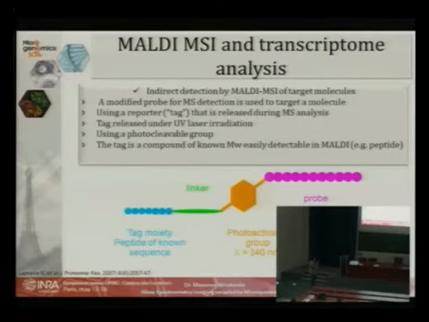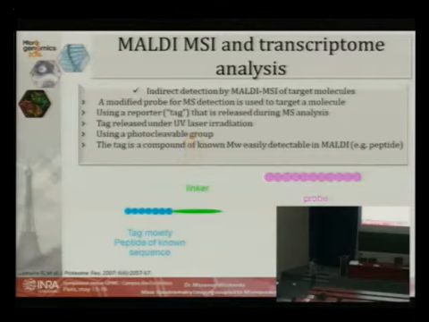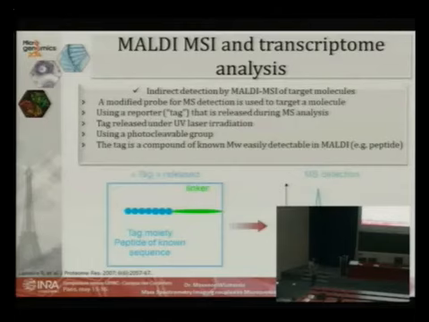After UV irradiation, the tag is released, and you can observe it on mass spectrometry. As you know the mass of your tag, you can really easily detect this on the mass spectrometer.